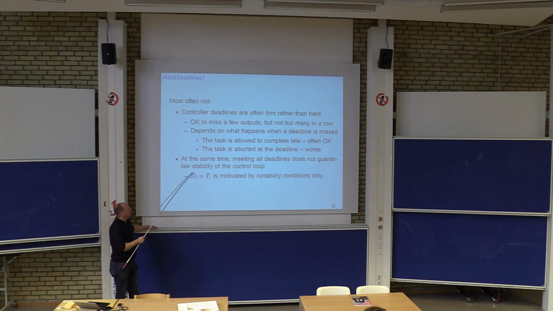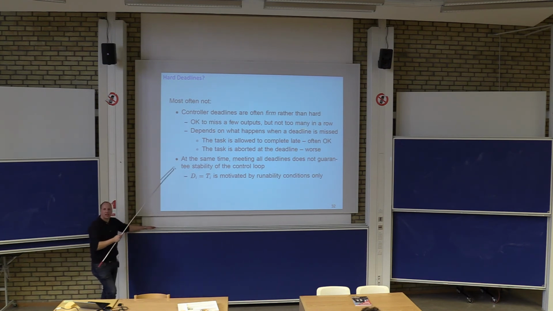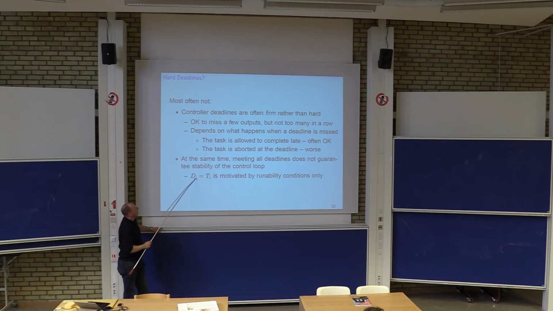And when it comes to deadline or stability analysis, depending on how sophisticated the analysis is, guaranteeing that you meet the deadline, if the deadline is equal to the period, does not by itself mean that the closed loop system will be stable, right?